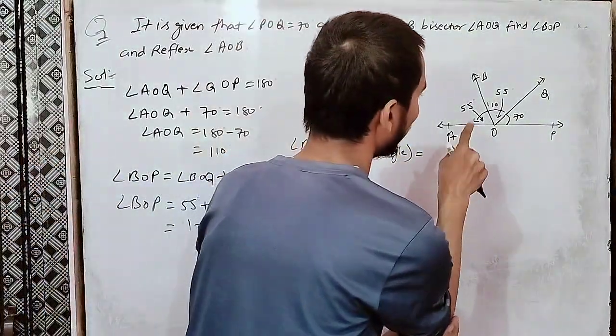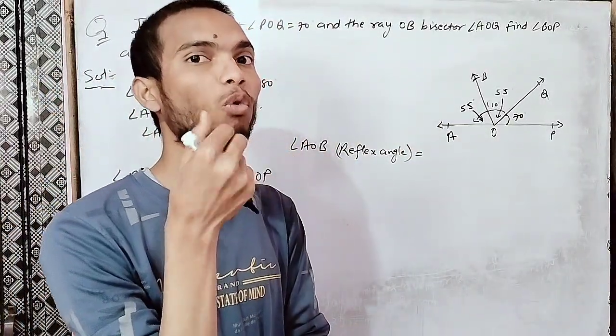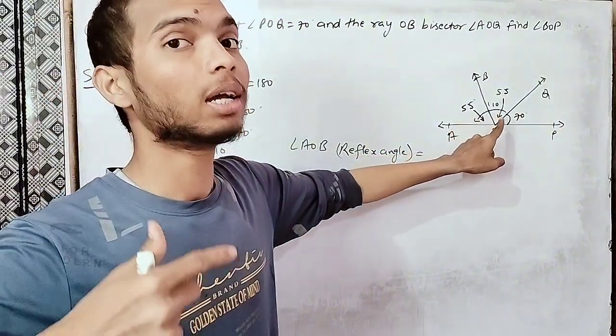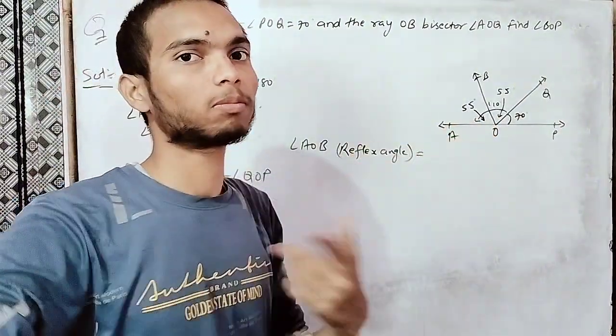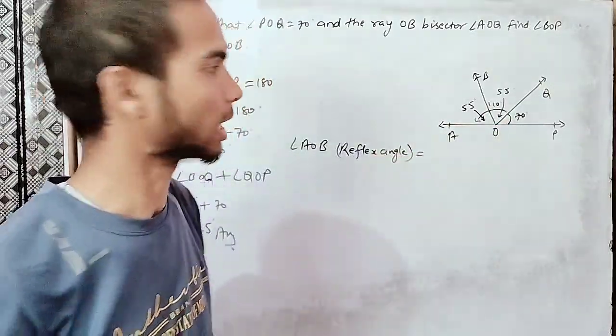But here we have already been given the value of an acute angle, which is 55 degrees. We will subtract the value of this angle from 360 degrees. Then we will get the value of this reflexive angle.